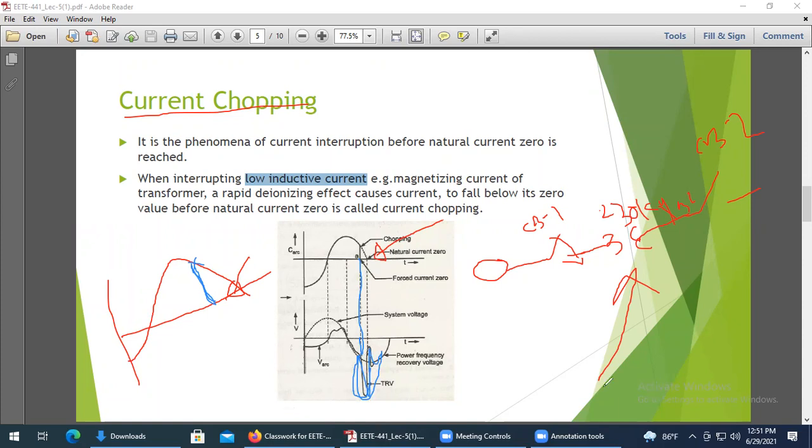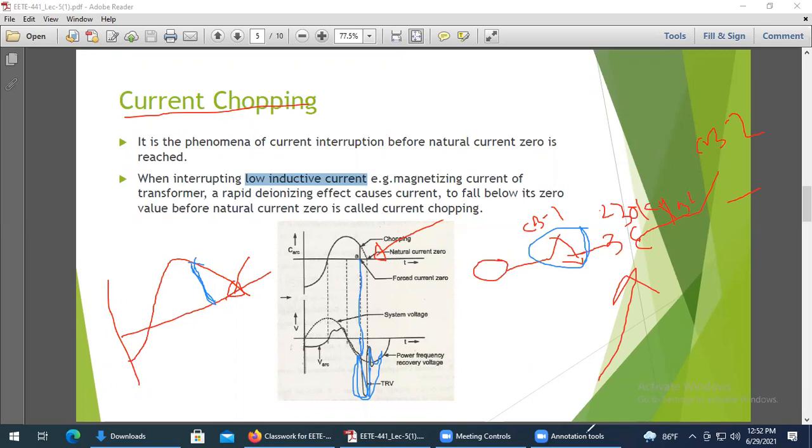So in this way, if your circuit breaker experiences restriking of the electric arc more than 2-3 times, then eventually this circuit breaker will be damaged. You cannot allow this phenomenon across the circuit breaker: it interrupts, then again current chopping happens, then again restriking of the electric arc, then again current chopping.